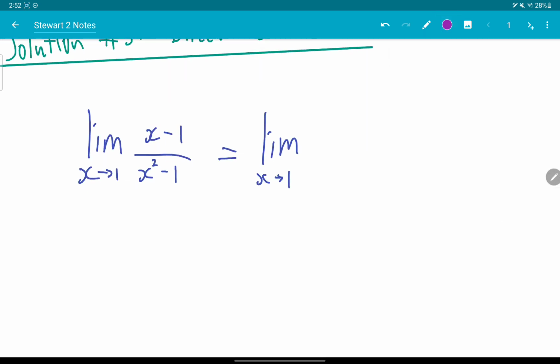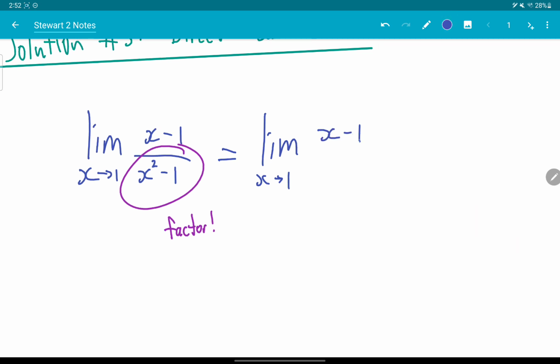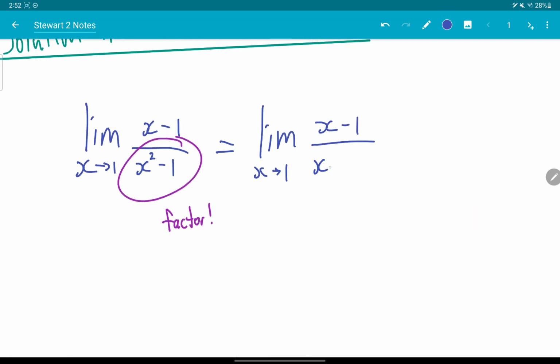Well, I can factor. That is a difference of squares. It becomes x minus 1, x plus 1.